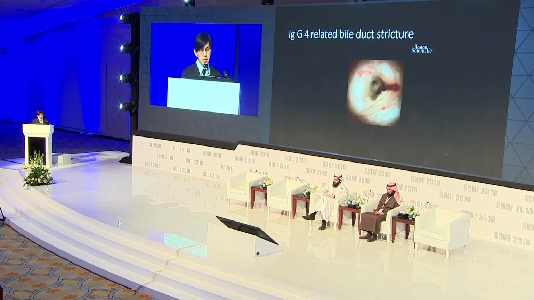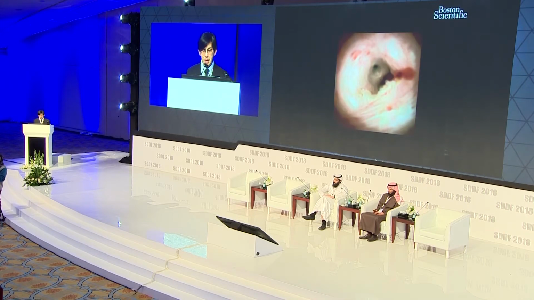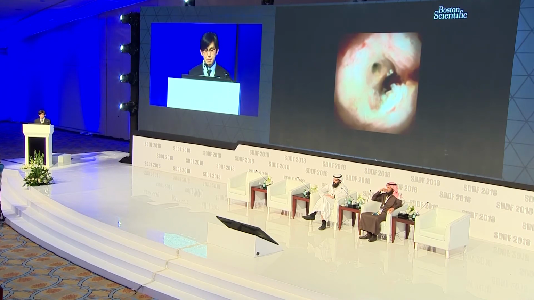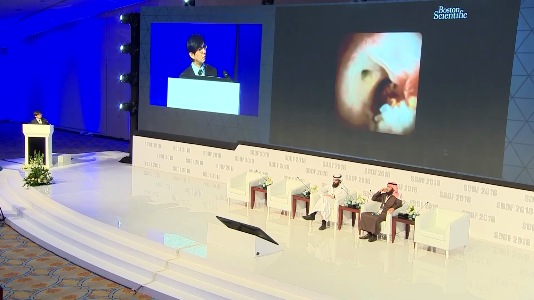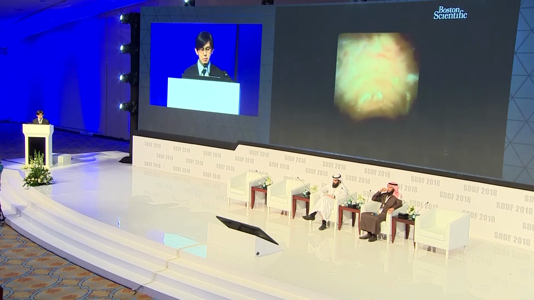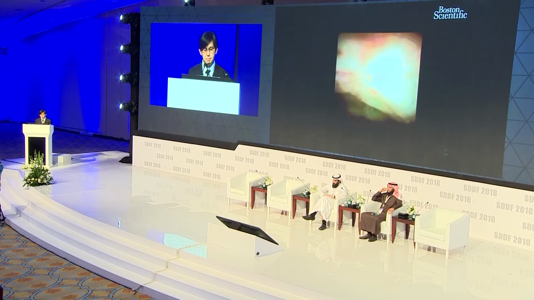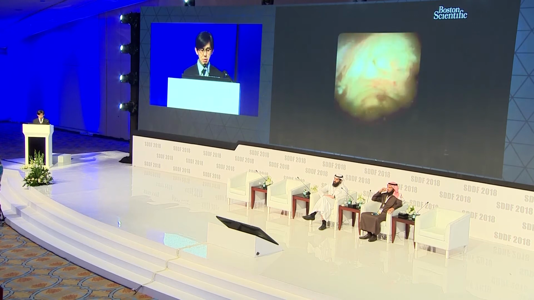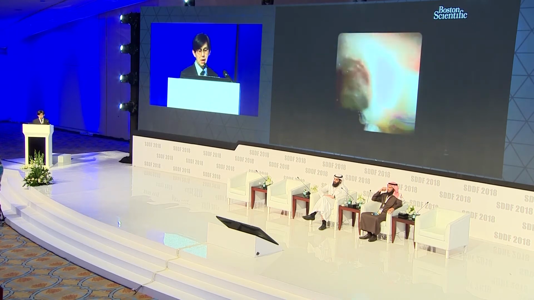Things are not so easy. Play the video please for me. This is a different case. This is a young man with, again, a mid-bile duct stricture. This young man actually came to us for evaluation, and at the far end you can see the bifurcation, and the appearance is abnormal, but it's not typical of a malignant stricture, and you can see a lot of scarring.